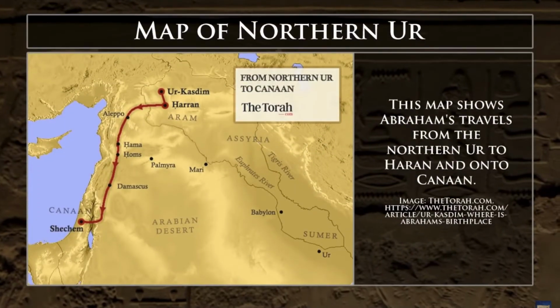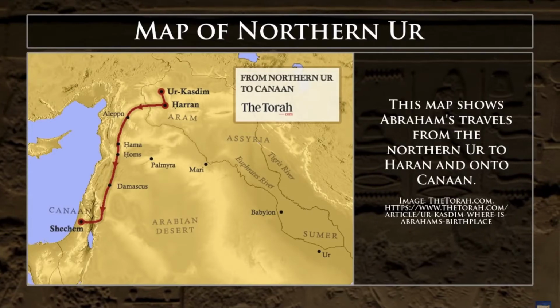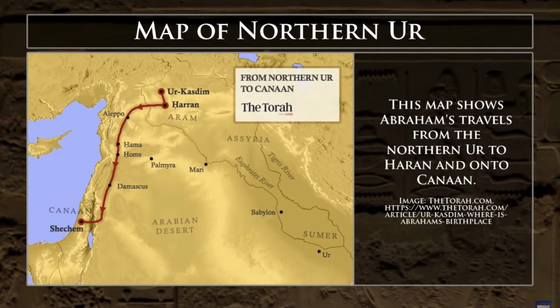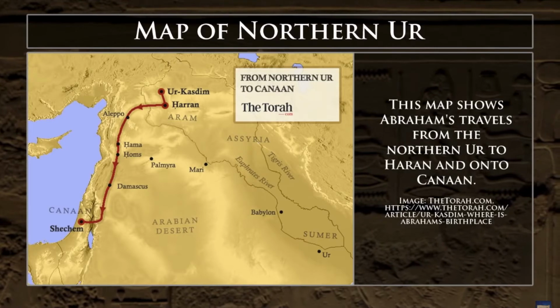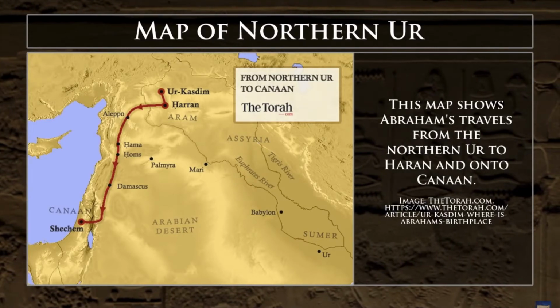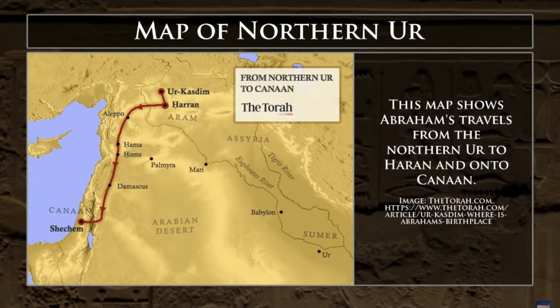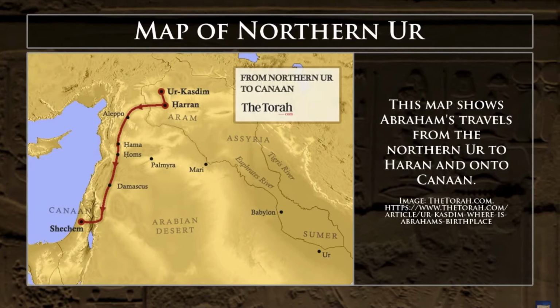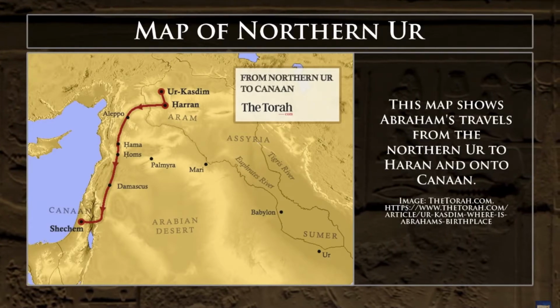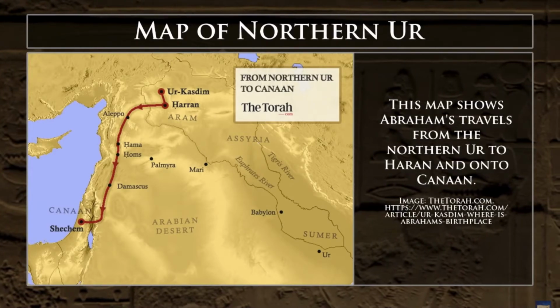What he did was he went to Haran, which is located 24 miles just south of the northern city of Ur. And unfortunately, that site is covered with a city of about 2 million people today. But I would suggest that the northern city of Ur is a good place to start with number 10. And number 9 is then the city of Haran. After Abraham left Ur, he settled in Haran for several years before making his way to Canaan.